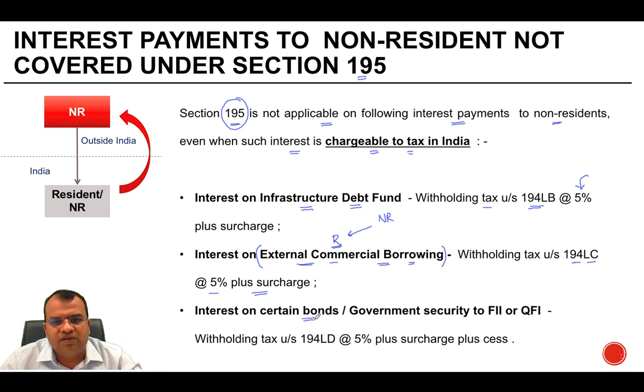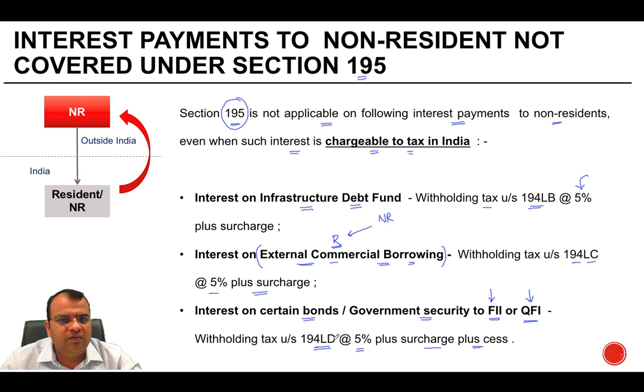Interest on certain bonds or government securities which are issued to foreign institutional investors or qualified foreign investors are again something which are not covered under section 195. The withholding tax has to be applied under section 194LD at the rate of 5% plus surcharge plus cess.